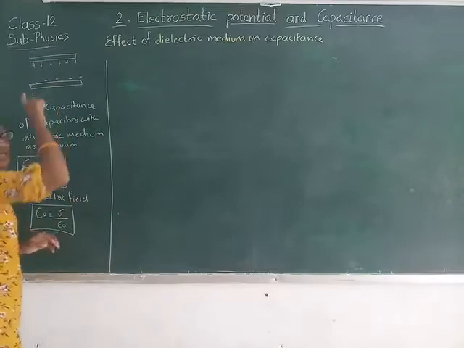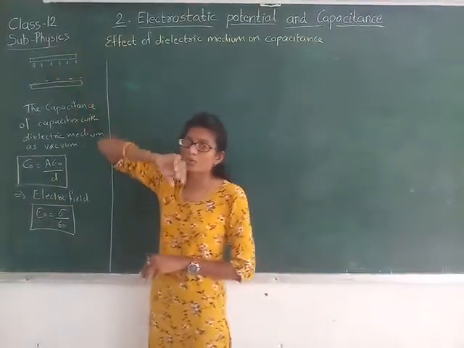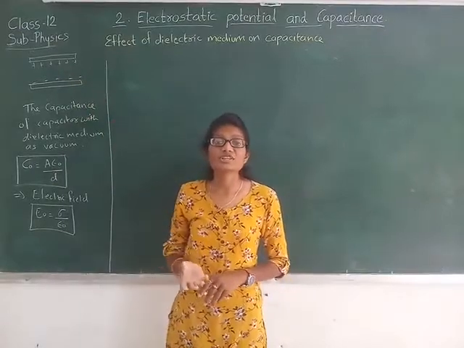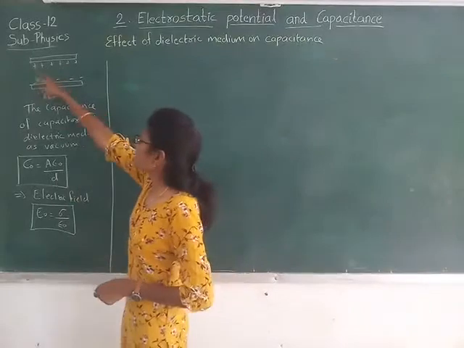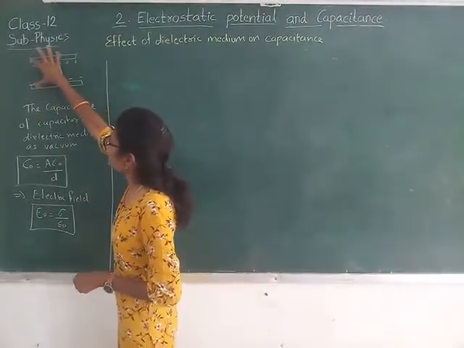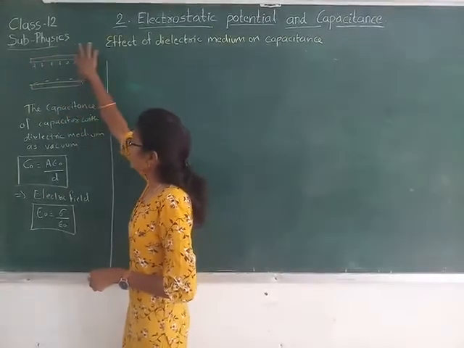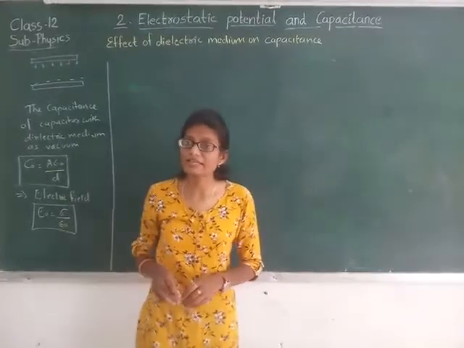Right? Now what we are doing over here, when we place the dielectric medium in between these two, then polarization takes place, right? We had already studied polarization. The charges get induced in such a way that at these surfaces, at these plates, again we will have positive and negative charges.